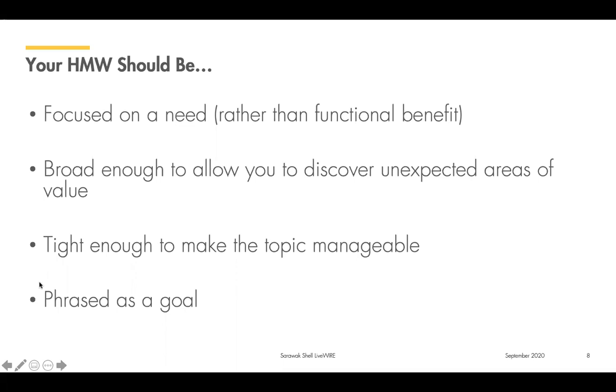And thirdly, it has to be tight enough so that it's not so broad. A very common example that I always use is, how do I make world peace, right? It's so wide. How do I end climate change?